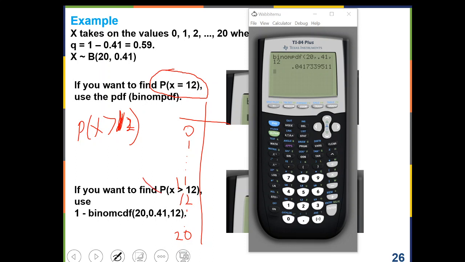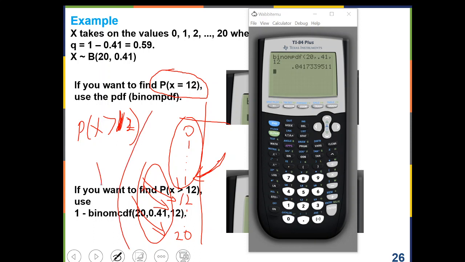What we have to do is go to 12 and then 13 and all the way to 20 and add them all up. Well, that takes a long time, and the calculator doesn't have a way to do it directly. So what we can do is go to the calculator and find from 0 to 11 and then subtract it from 1, because we know all of them add up to 1.